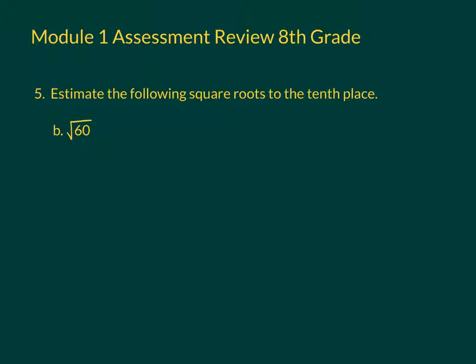In this one we have the square root of 60. Same idea: we're going to look at 60 and draw the number line like we did before, with our endpoints and then about the middle. Again, we ask ourselves, what two perfect squares is 60 between?